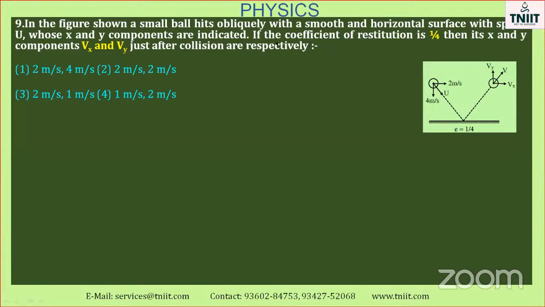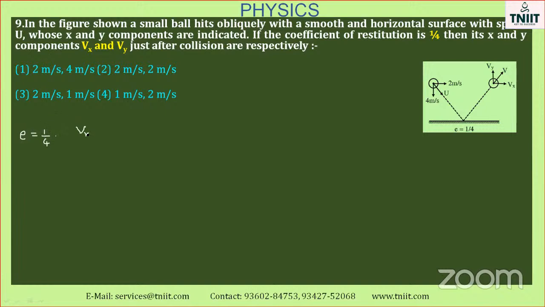In the figure shown, the figure is missing, I think. No, yeah, in the figure. So this is the figure they have defined. What is the coefficient of restitution they are talking about? Coefficient of restitution is 1 by 4, isn't it?